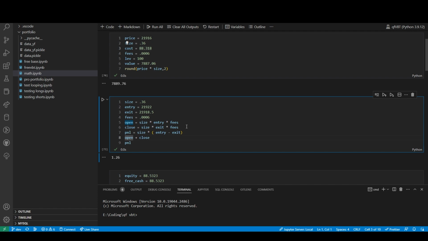What? So P&L minus sum of funding fees. There's funding fees?